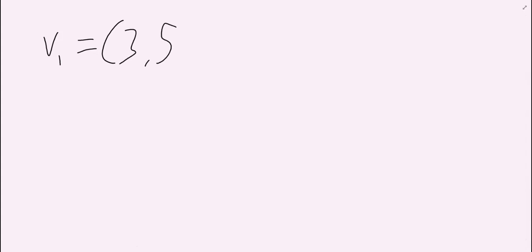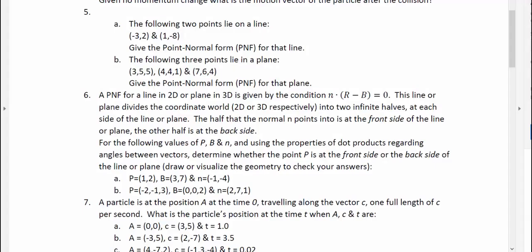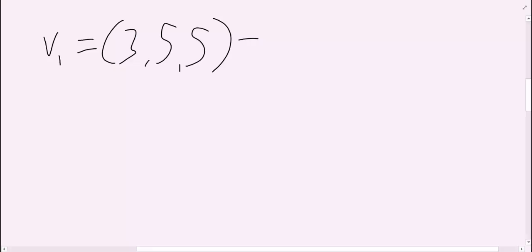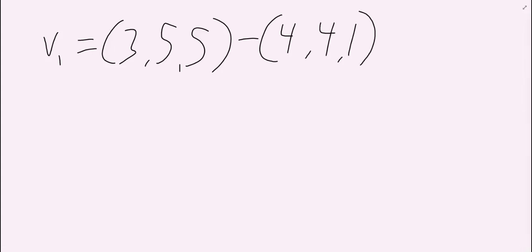Let's just say we have the vector v1 equals 3, 5, 5 minus 4, 4, 1, which equals 3 minus 4 is minus 1, 1, 4. Our vectors.